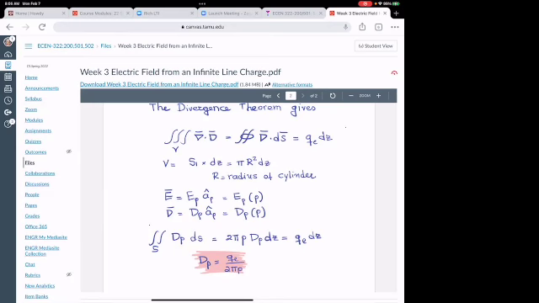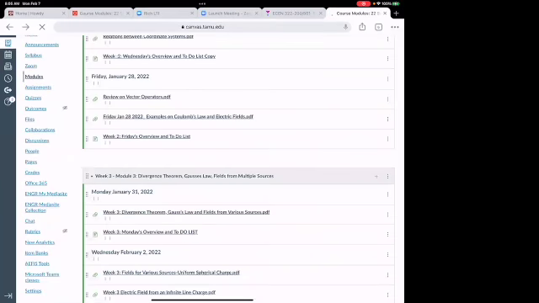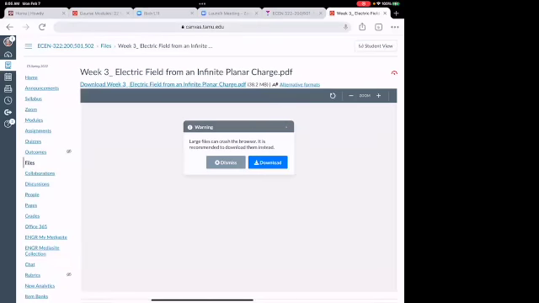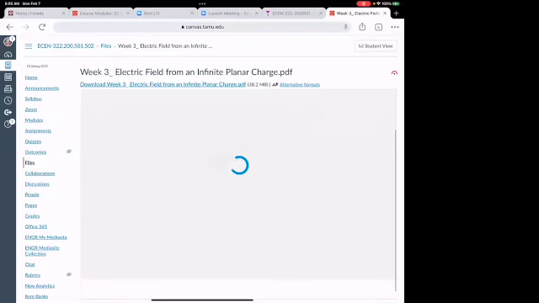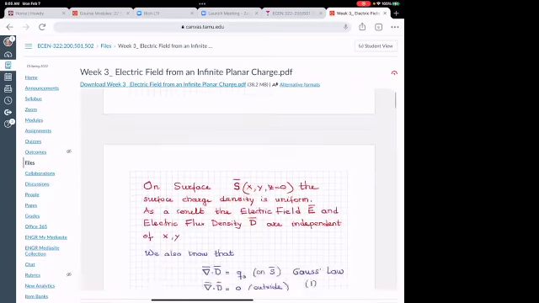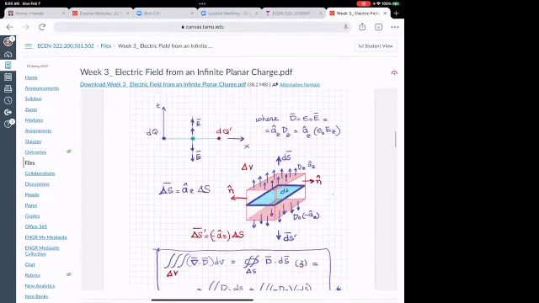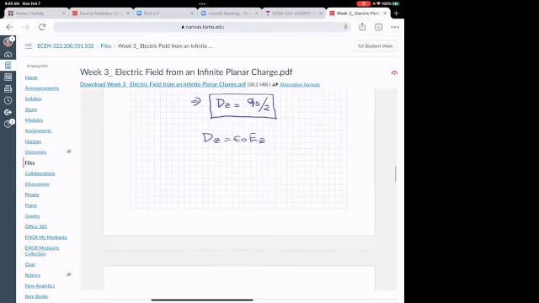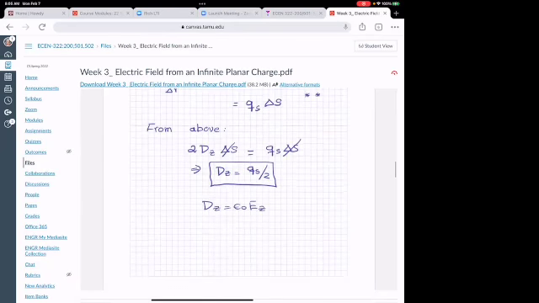And then from there, we went to an infinite plane. And here we found, when we solved it, that the field away from the plane is constant.